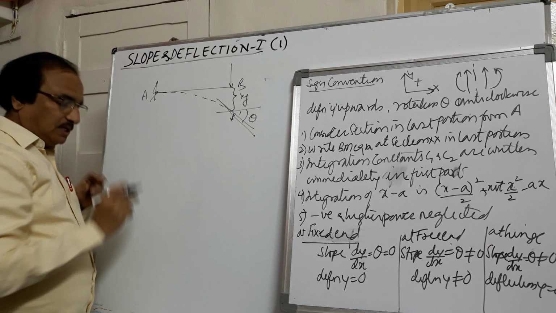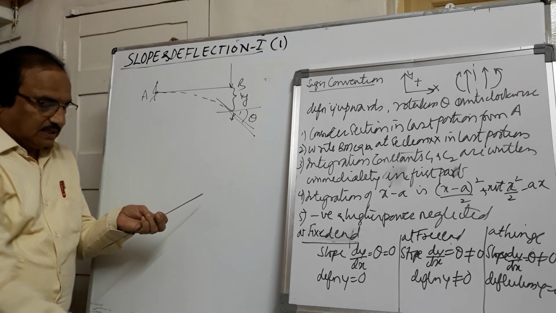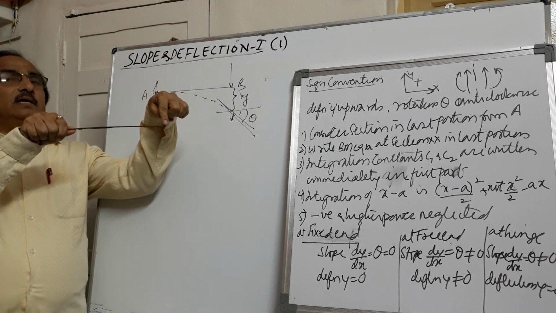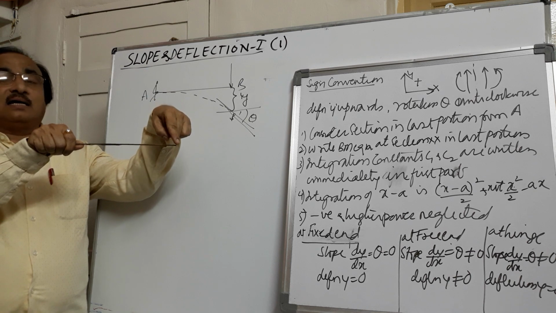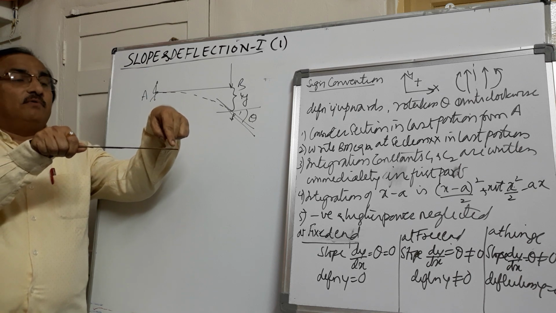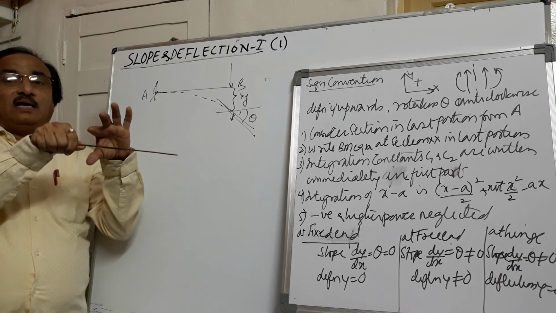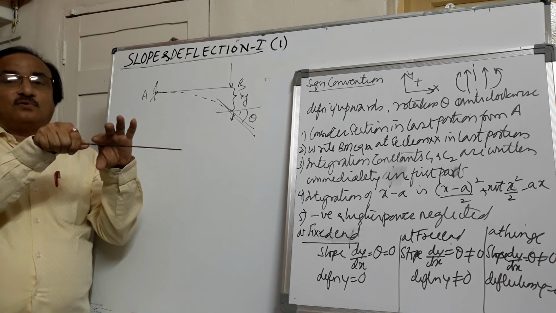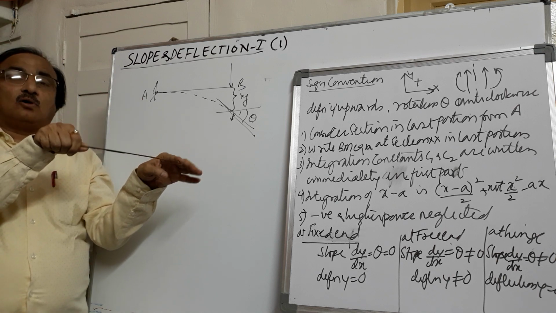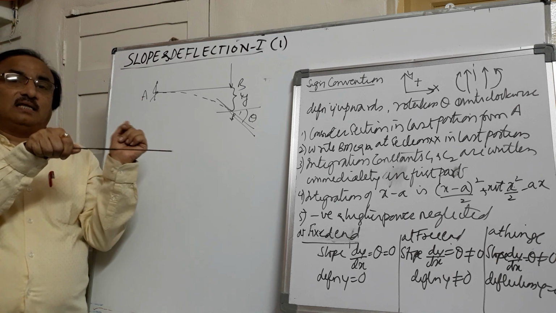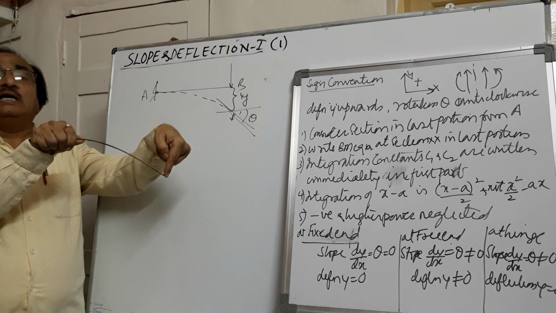Now here we study, suppose if I take a cantilever beam and apply the load here, we see two criteria. One is the strength criteria and another is the stiffness criteria. When you consider strength criteria, whenever the load is acting, the bending moment, shear forces, bending stresses or shear stresses should be within the limits, or the beam should be capable of withstanding them. This is strength criteria. Second, when load is acting, the beam is going to deflect.